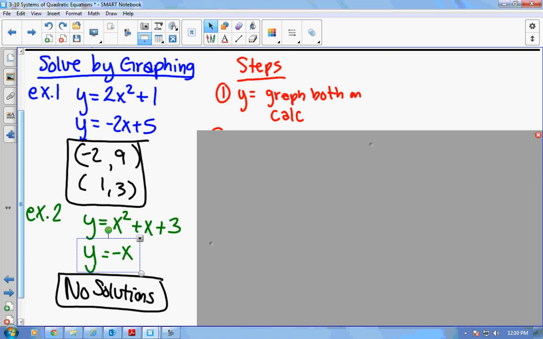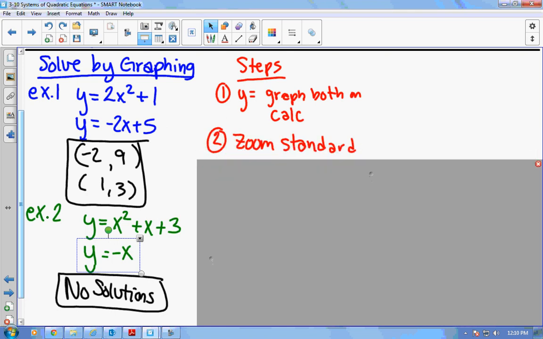What did we do after we went to y equals? Brianna? To zoom, we wanted to make sure we had a normal window in case our window was messed up. Zoom standard. Then what did we do? Alexis?